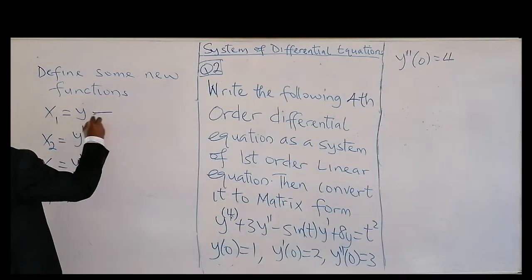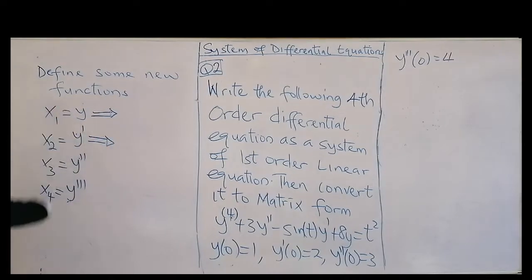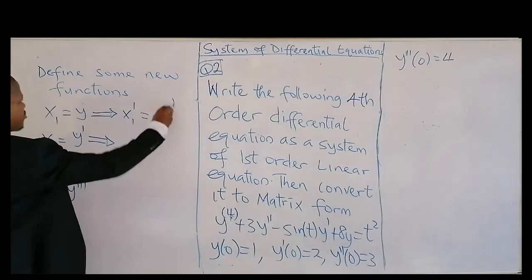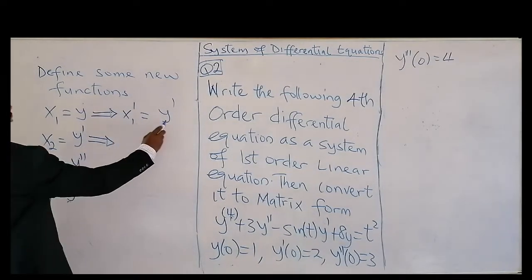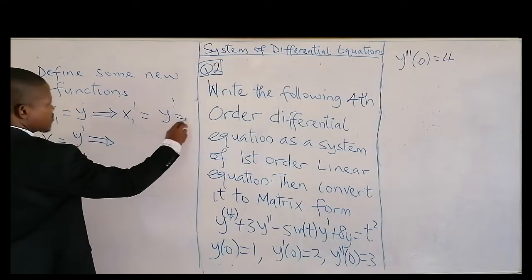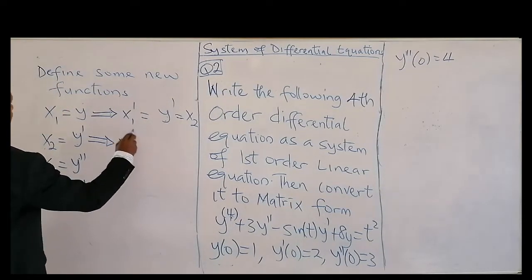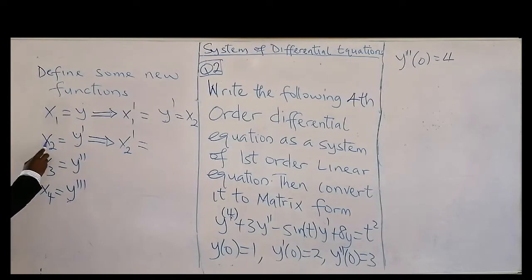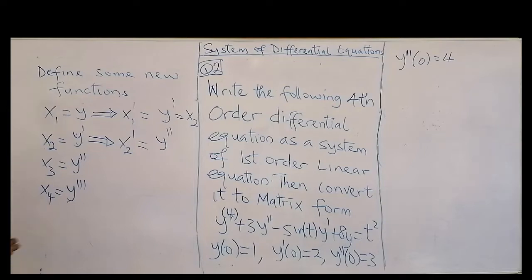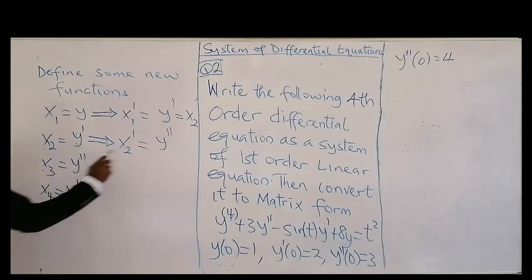Then the next thing to do is to differentiate these new functions. x1 prime will be y prime, and y prime is equal to x2. So x2 prime will be the second differential of y, which is equal to x3.